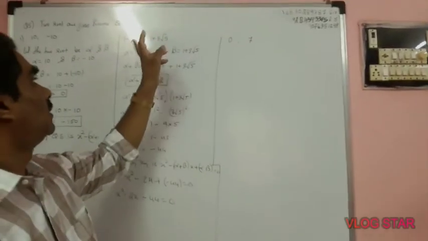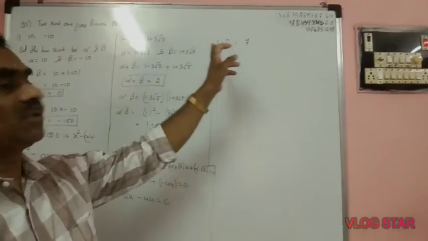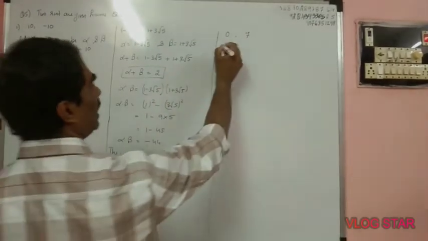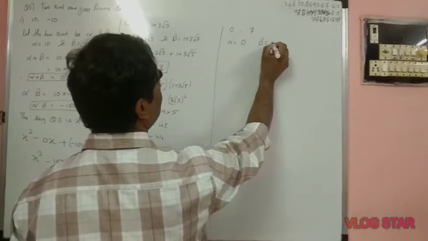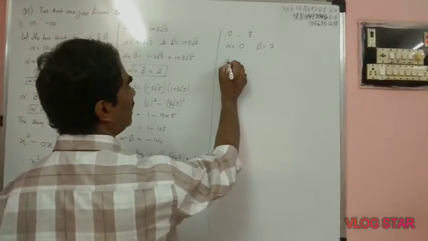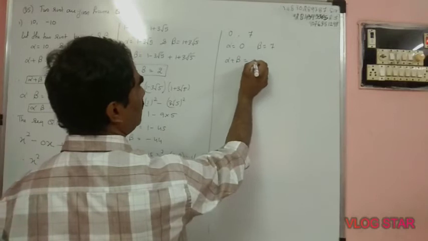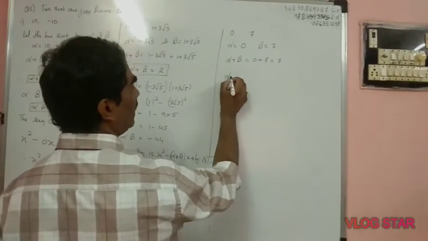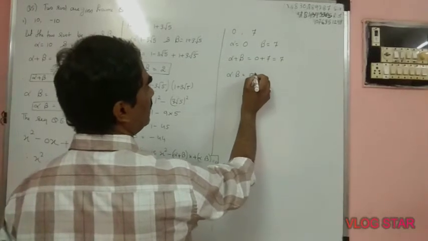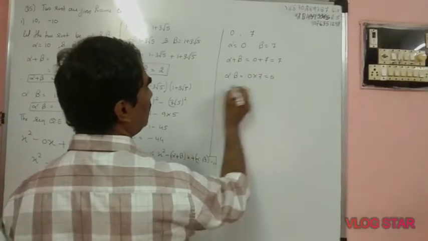Now question number first, question number second and question number 3 sub question. Now again here what is alpha? Alpha is 0 and beta is what? 7. What do we first have to find? Alpha plus beta: 0 plus 7 is equal to 7. Then alpha into beta: 0 into 7 is equal to 0.